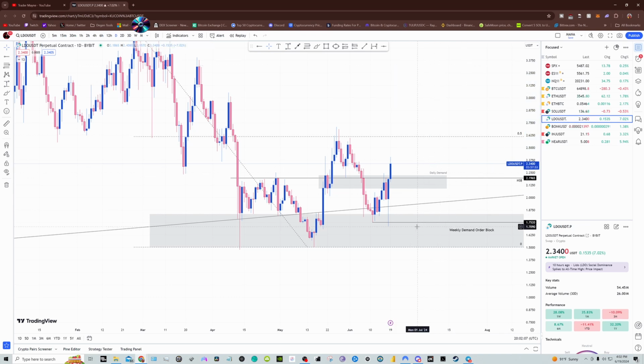And we were talking about how you have a mini range, right? Even though we came up into daily demand, which was flipped to supply, and then we rejected, we were saying that if we go back down to this weekly level, this is, again, a high time frame level of support. And so it would be a no-brainer to buy here again.